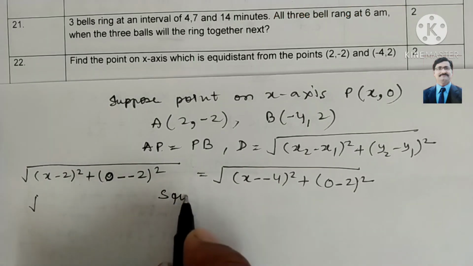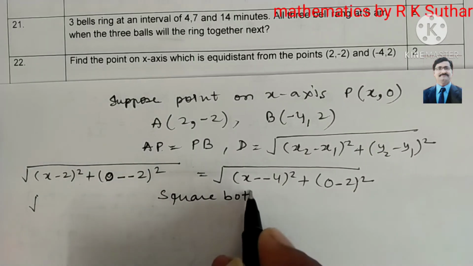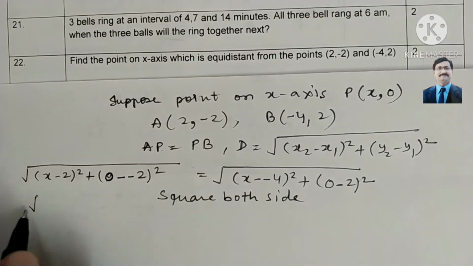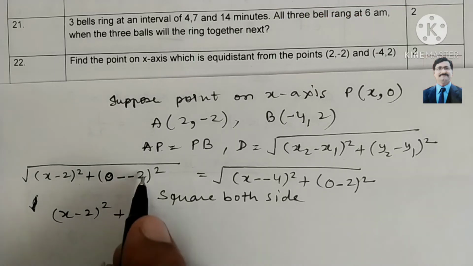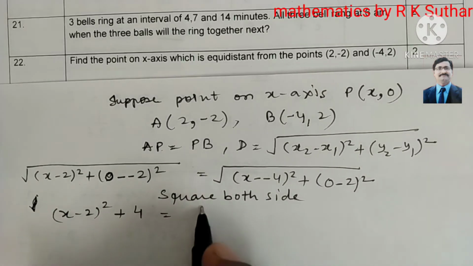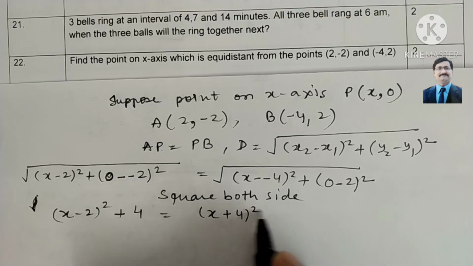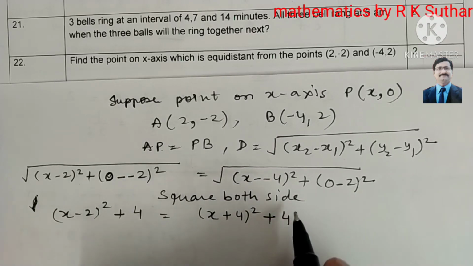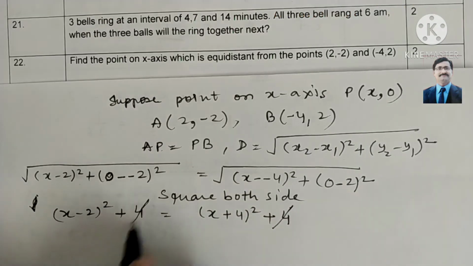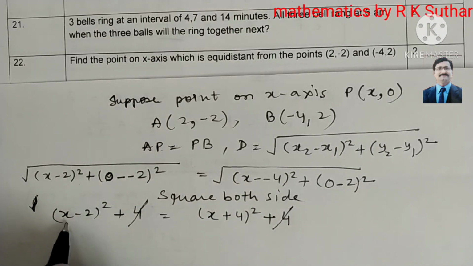Now we will square both sides. When we square both sides, look here, we will get (x minus 2) whole square plus 2 square is 4, and here we get (x minus 4) whole square plus 2 square is 4. This we can cancel. Okay, and now we use the formula.